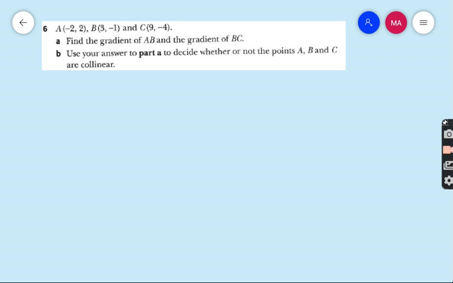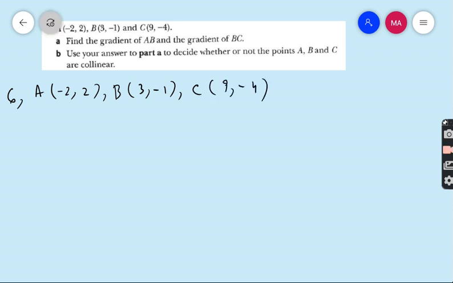Question number 6 again is a very easy question.